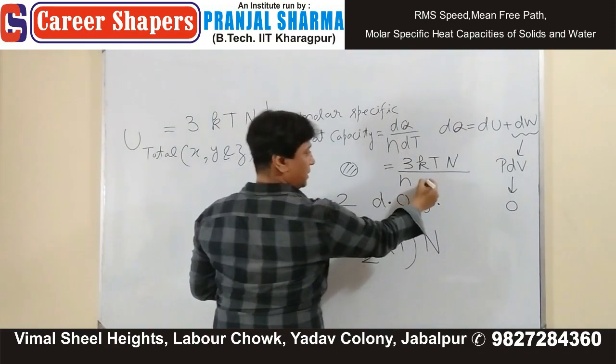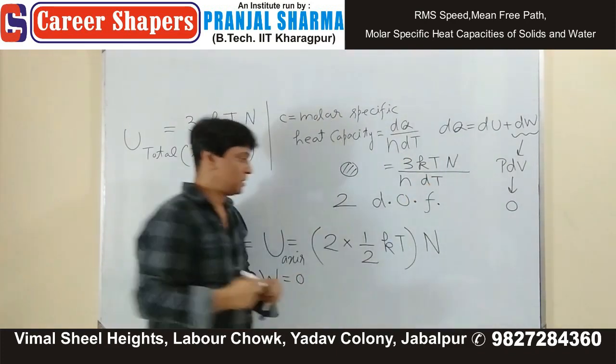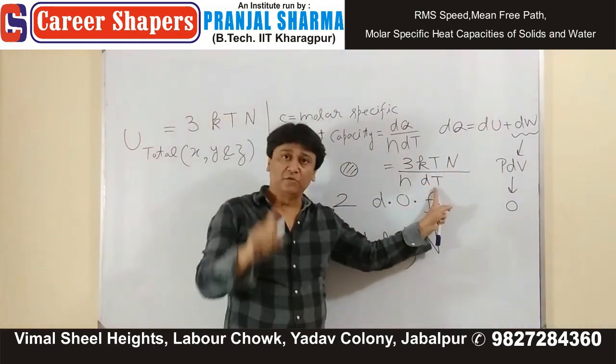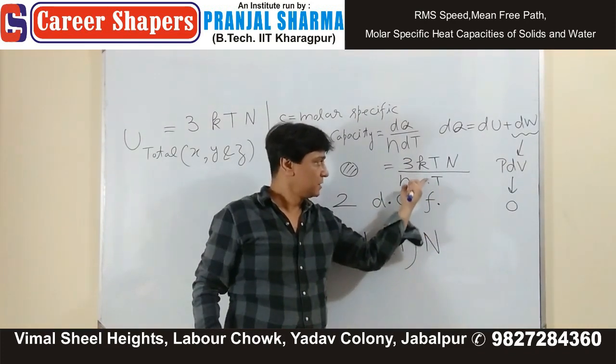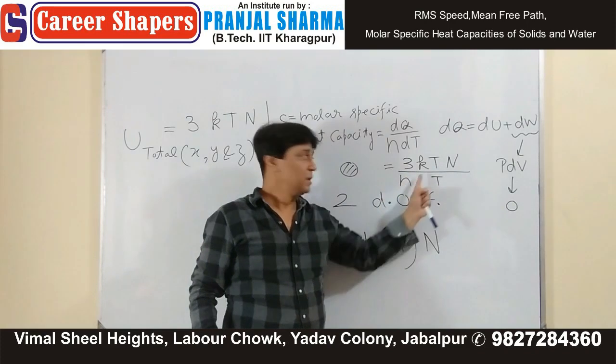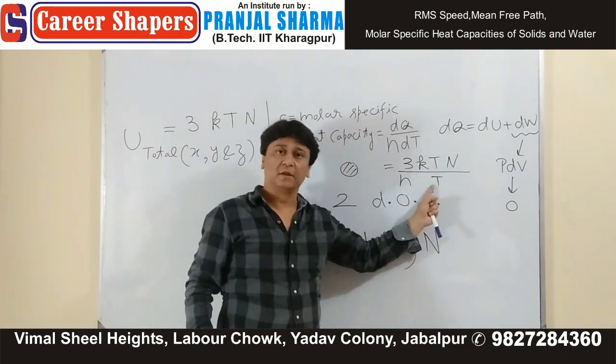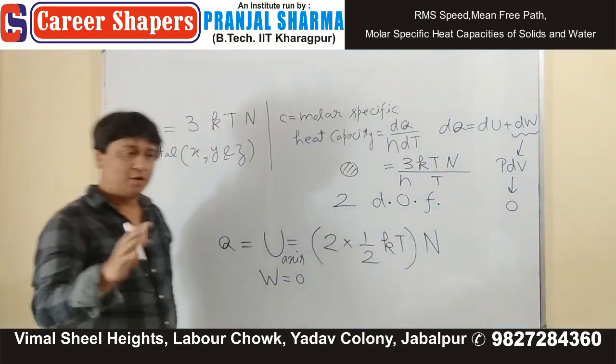This dt I am now writing as T. This T and this T, they both are the same. How come they are the same?